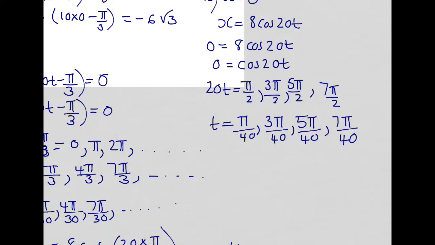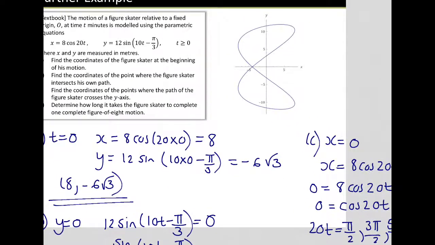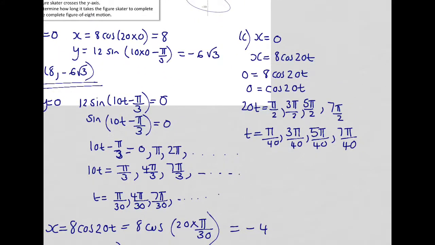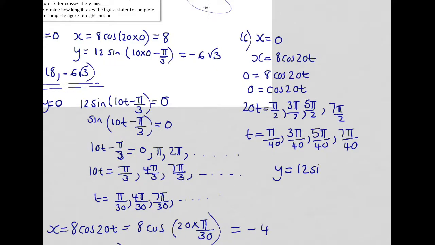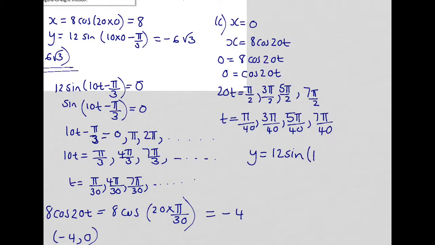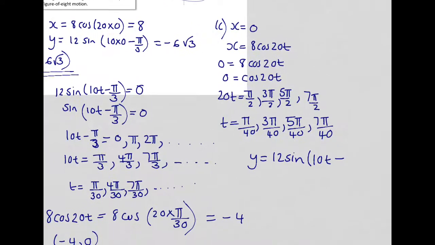Then from here, we now need to find our y value. So I need to write the y graph down. So y equals 12 sine of open bracket 10t minus pi over 3.